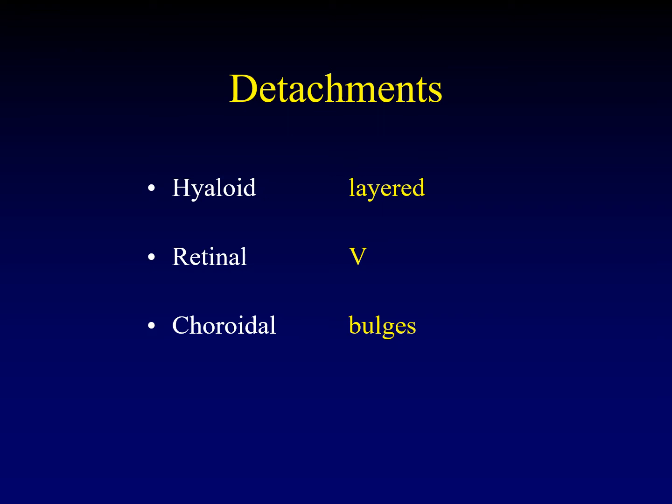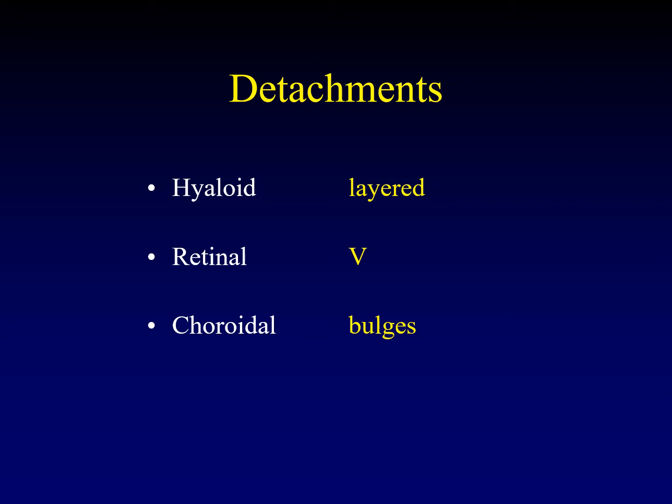When you have subhyaloid hemorrhage, it is layered. It is heavier than the surrounding vitreous, and it is dependent with gravity, and you get a horizontal line. When you have retinal detachments, you can't make that horizontal line because the retina is permanently tethered at the optic disc.